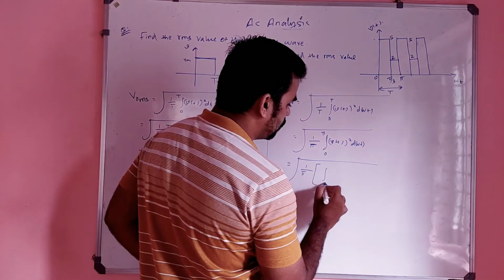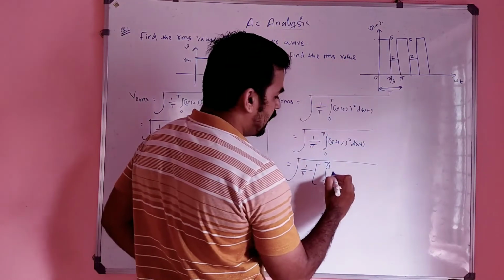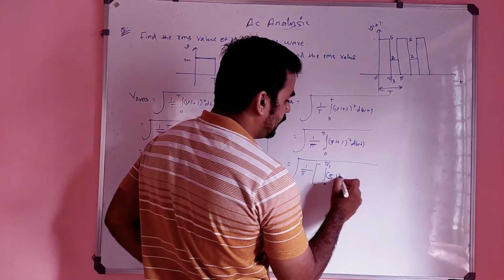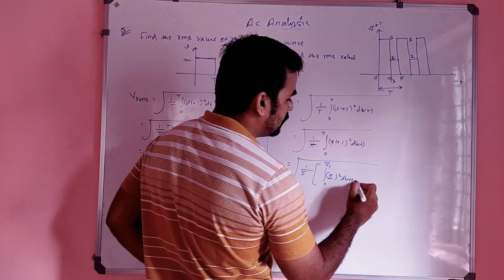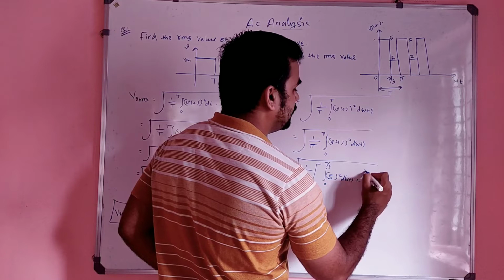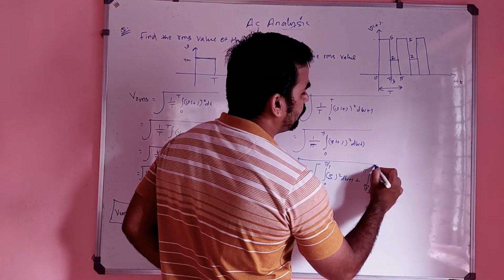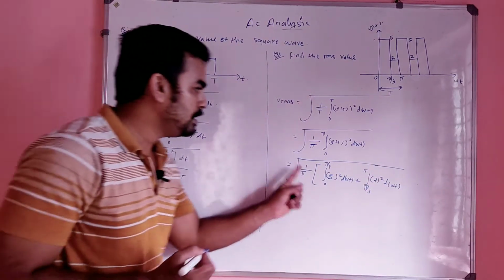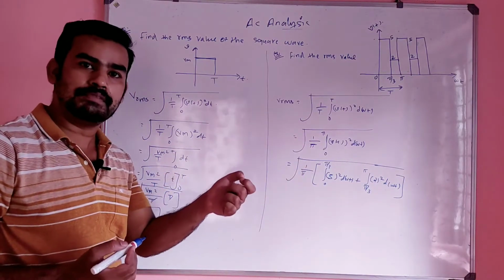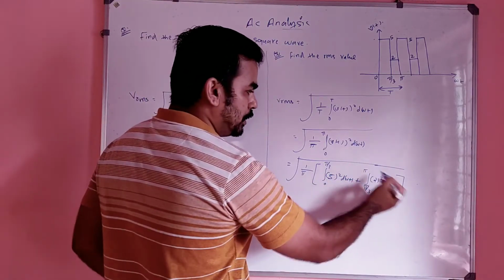I can give a bracket like this, 0 to pi by 3, the waveform having a magnitude of 5, so 5 square d omega t, plus the other waveform from pi by 3 to pi having a magnitude of 2, 2 square d omega t. Is it correct or not? Because V RMS is nothing but the integral of v of t square over the period.